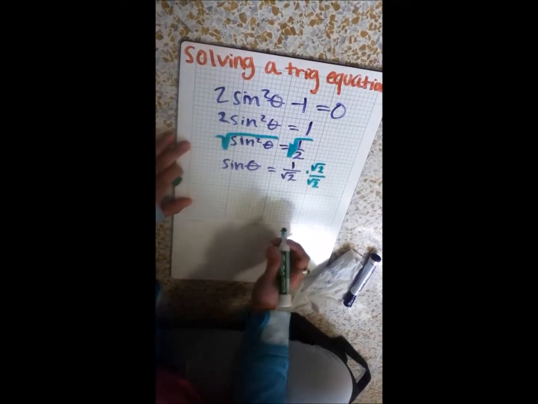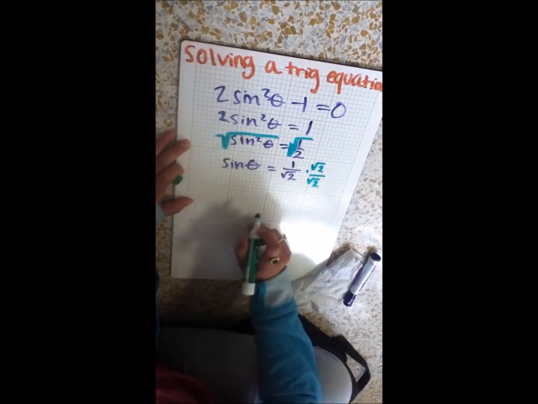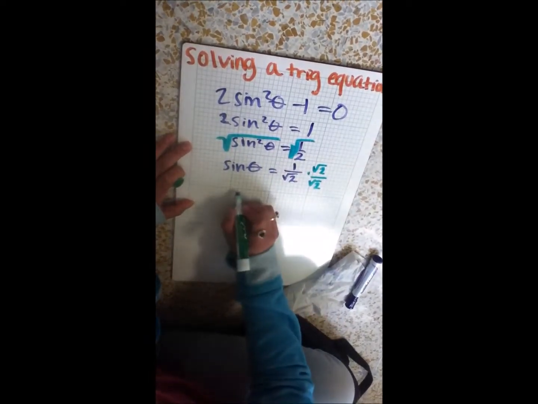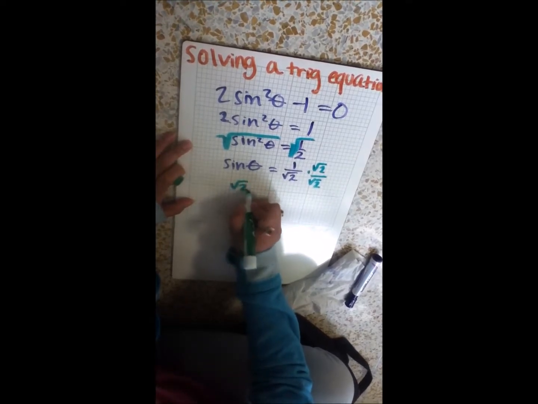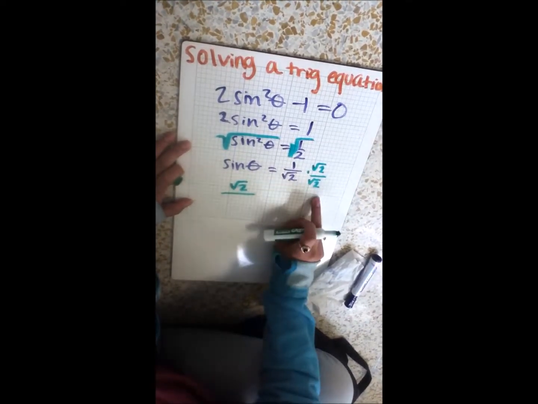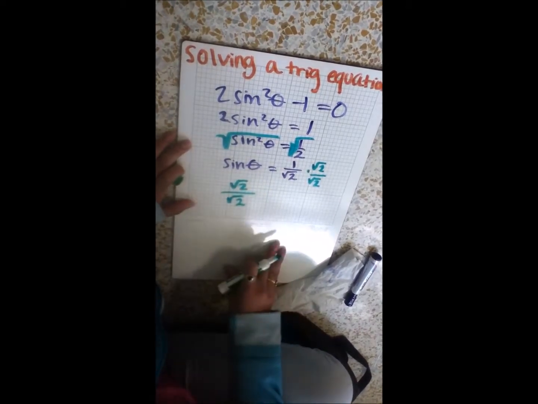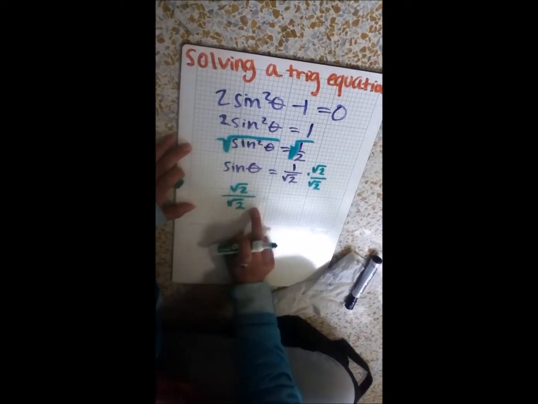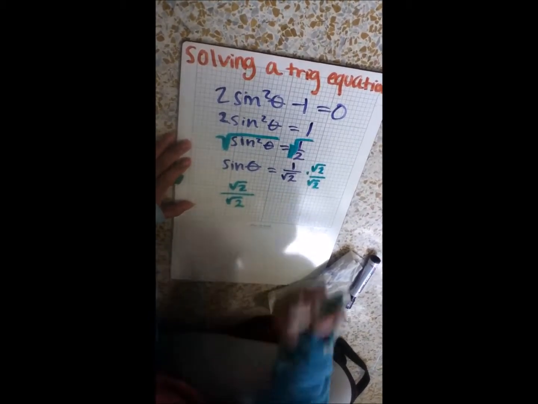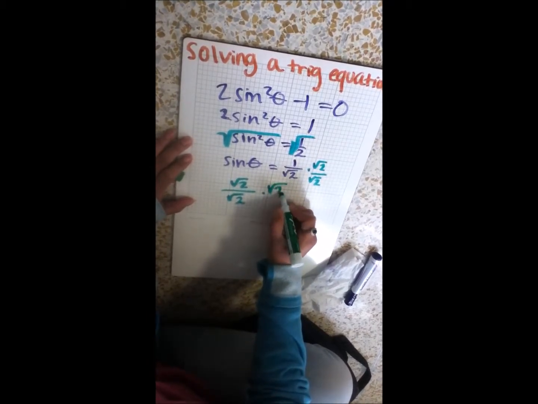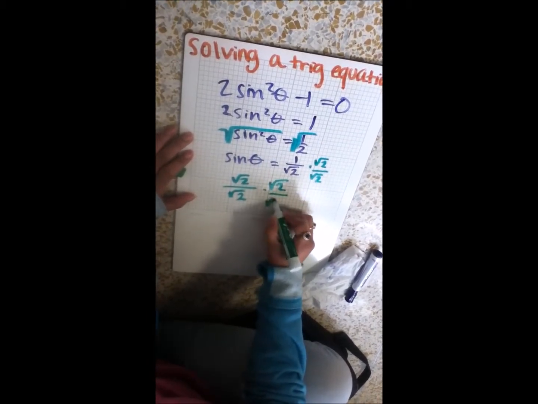Once we do that, 1 times the square root of 2 is going to equal the square root of 2. Square root of 2 times square root of 2 is going to be 2. So now we still have the square root of 2 in the denominator, so we're going to multiply it again by the denominator.